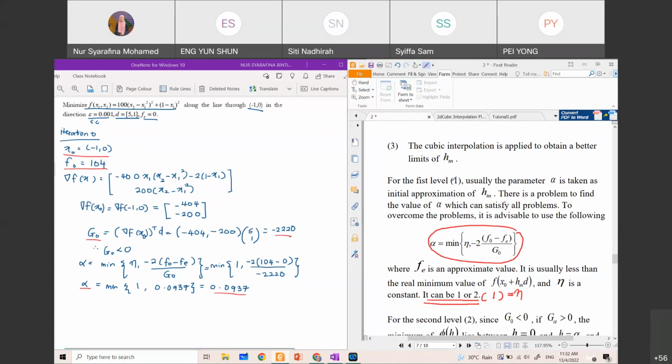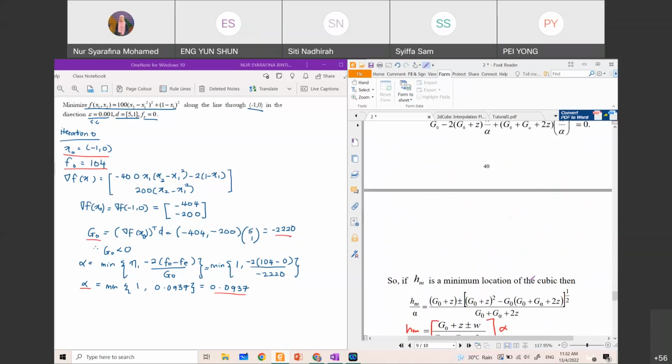Because for the first level, usually the parameter alpha is taken as the initial approximation of h because there is no step length yet. So in the first level, we have to find alpha and then we substitute it into f of x0 plus h d, because this is only our first level.